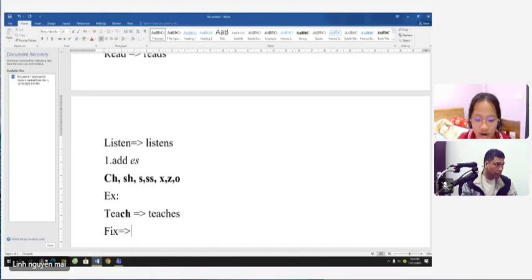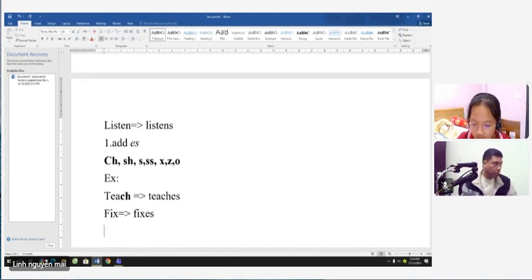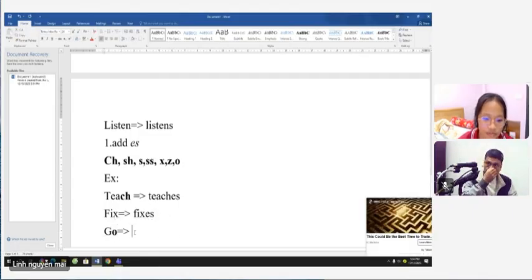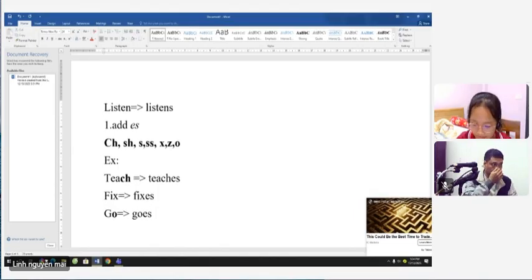It will become fixes. Next is go. Here is o. So we put the es, so it goes. Next, it miss.